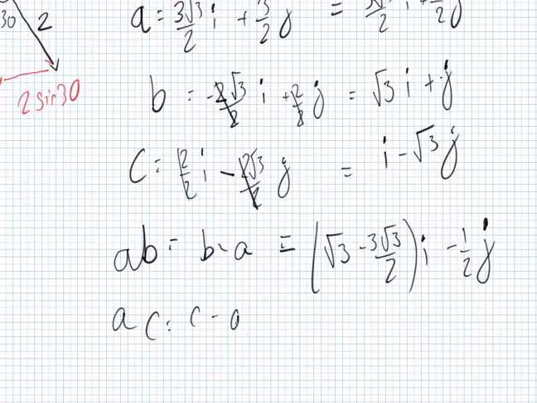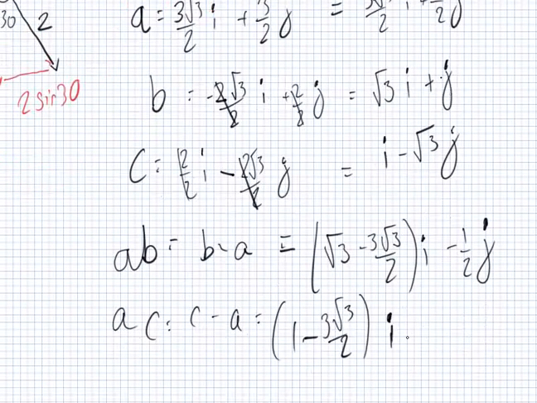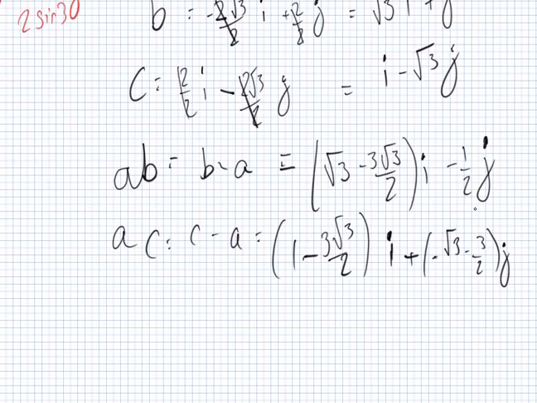AC equals C minus A, which would be 1 minus 3 root 3 over 2 i, and then C minus, root 3 minus 3 over 2 j. Okay, and then the last one here for you to do is BC. So let me just write this down.